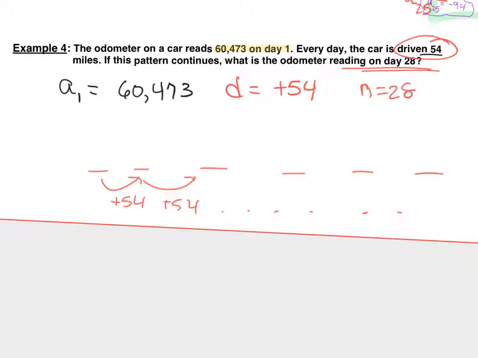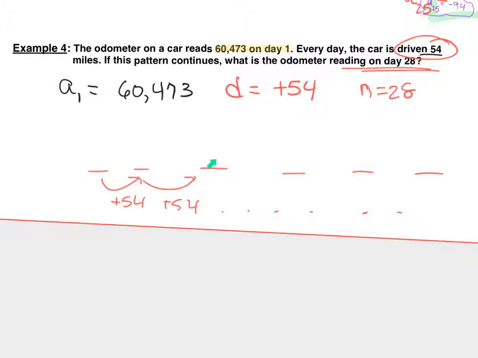So again, A1 is the very first number. The d is the 54, because that is what you're continuously adding. And the 28 is the n, because it's the number of items that you want. Day 1, day 2, day 3. Day 1 was 60,473. Day 2 is going to be 54 more than that.